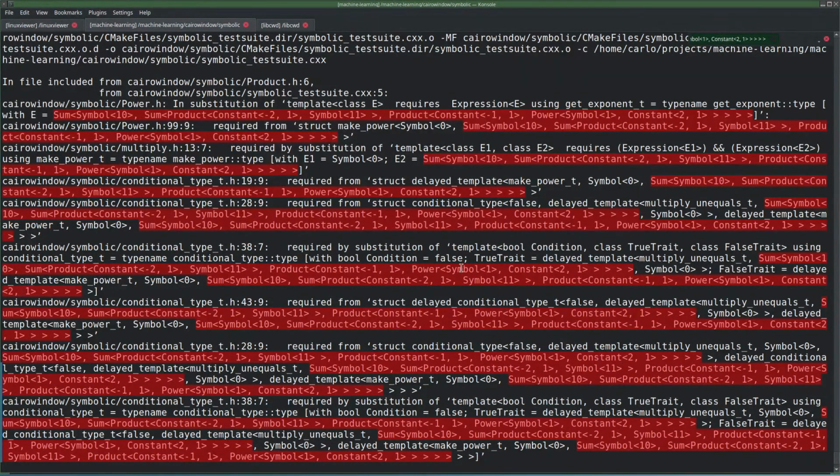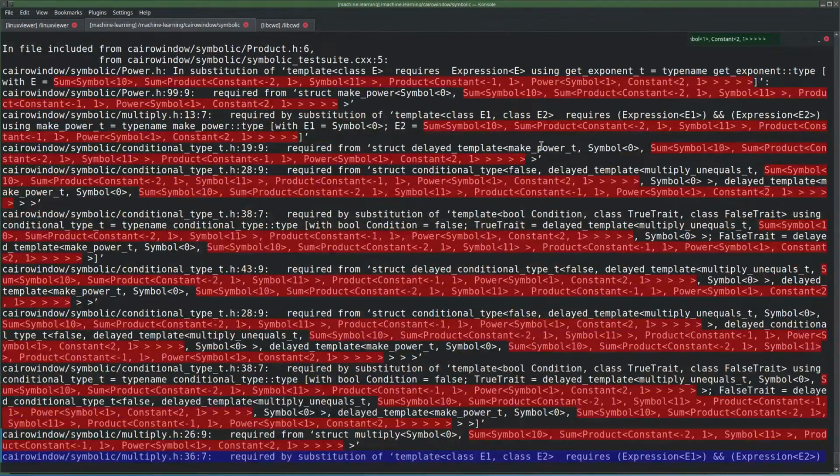Now we have to start at the top again, I'm afraid. So the problem is we have a make power of a sum, which is not allowed. Which is required by the substitution of, well, that's just a substitution. Which is required from delayed template make power, where the first argument, the second argument is that sum. So yeah, that's not allowed.